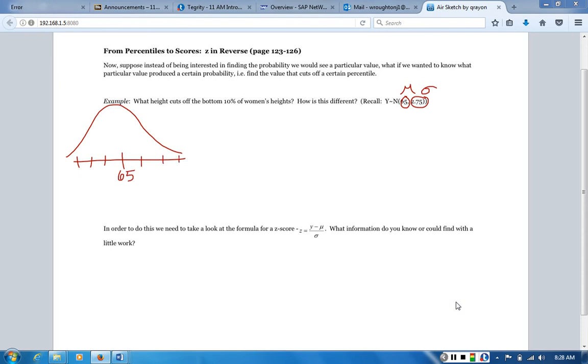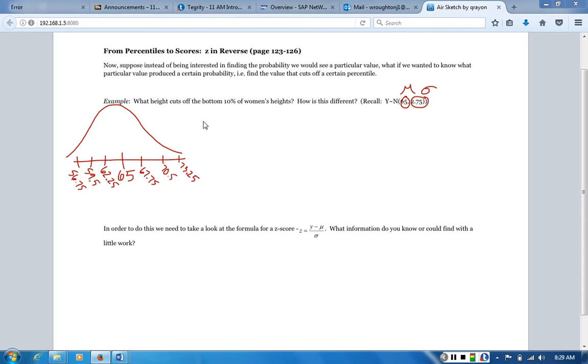And this time my increment's going to be 2.75, so I'm just going to subtract 2.75 as I go to the left each time, and then add it when I go to the right. But this time it says I want to find what height cuts off the bottom 10% of women's heights.